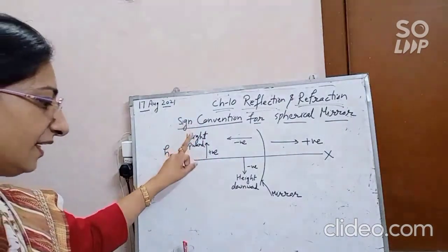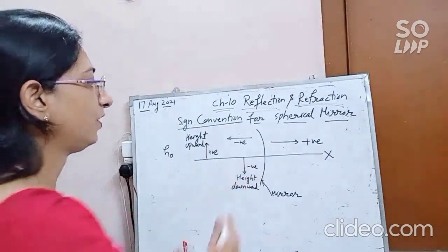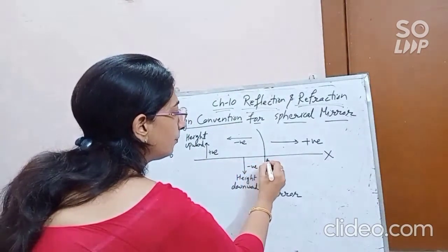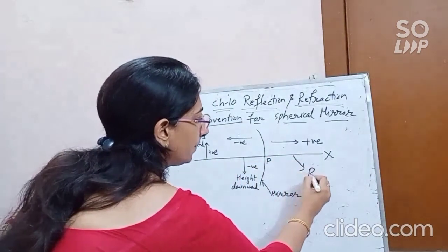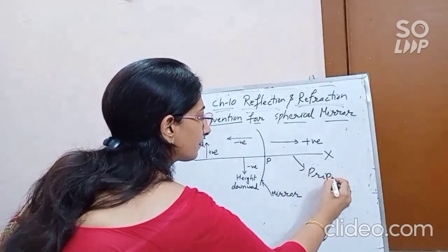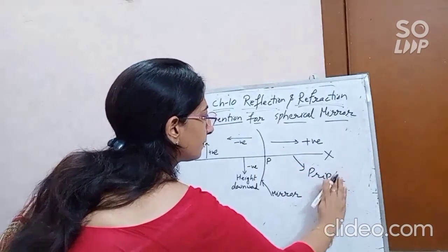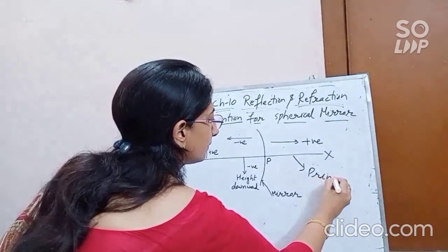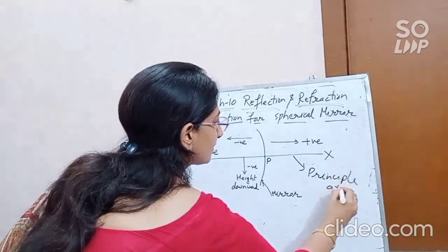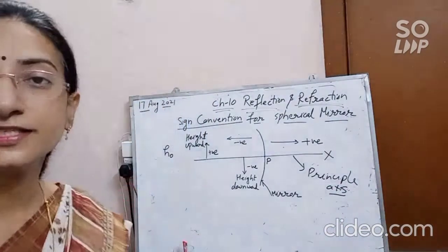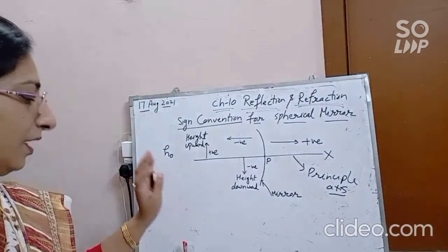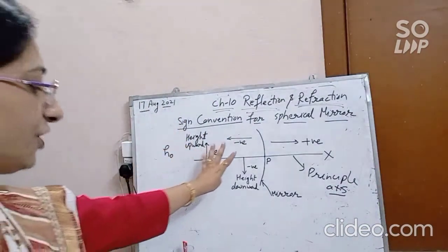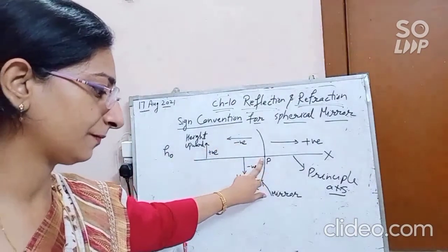The second thing: this point is known as the pole, and this line is the principal axis.